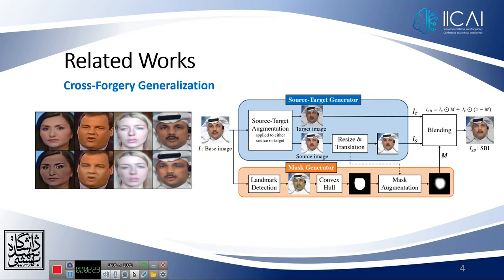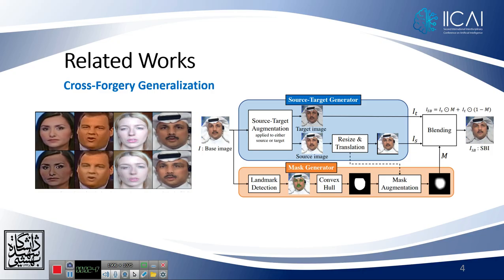Let's go to what others did in this area. For example, in 2022, Shiohara and his colleagues proposed an interesting method called self-blended image or SBI, which is on the right side of the slide. Here is the key insight of their approach.